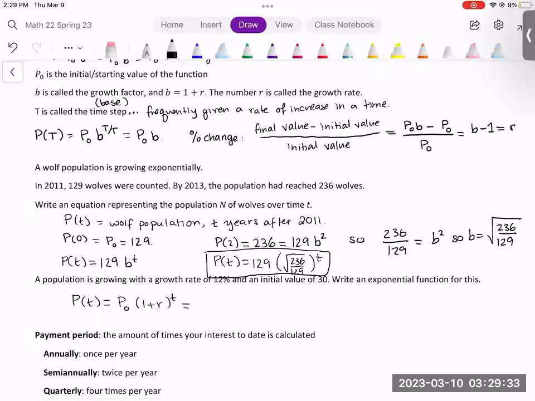Our initial value was equal to 30, and our growth rate was equal to 0.12. And so this gives us 30 times 1.12 to the t. Great.